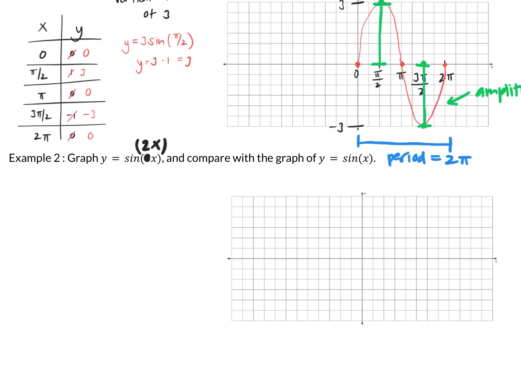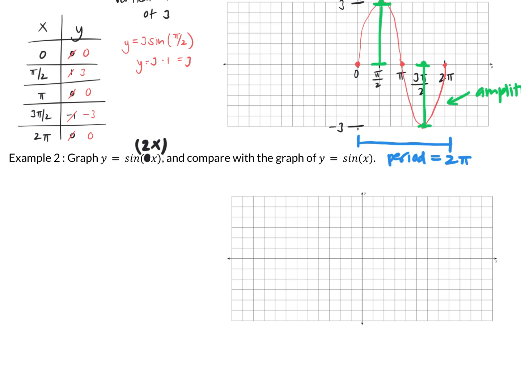If you look at that table that we just filled out, is it going to be a horizontal stretch or a horizontal shrink? It's going to be a horizontal shrink. It's the opposite again. If it's in the parentheses, it's the opposite of what you think it should be. So it's going to horizontally shrink this stuff, which means is it going to affect my x values or my y values? It's going to affect my x values, right? If we're taking something and we're shrinking it, that's going to affect my x values.